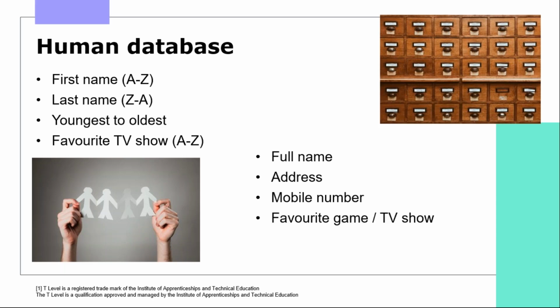So you could have the favourite game or TV show, and we can then explore how this would work in a flat database and explore the attributes, the data type, and the information that would need validation. So for example, they could store the first name, address, favourite games, and mobile number.